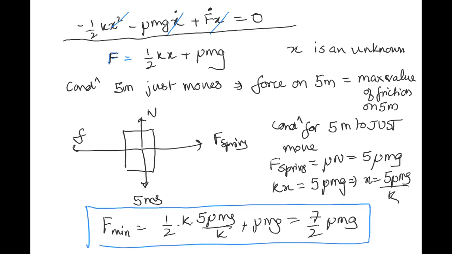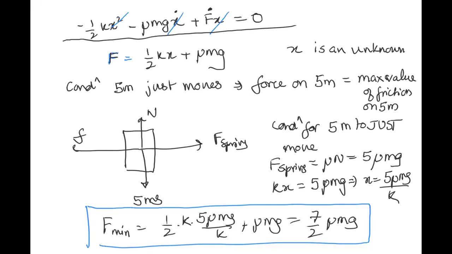So the first way of answering why this F minimum is less than 6 mu mg is that when I apply the force on the first block of mass m, I am doing some work.